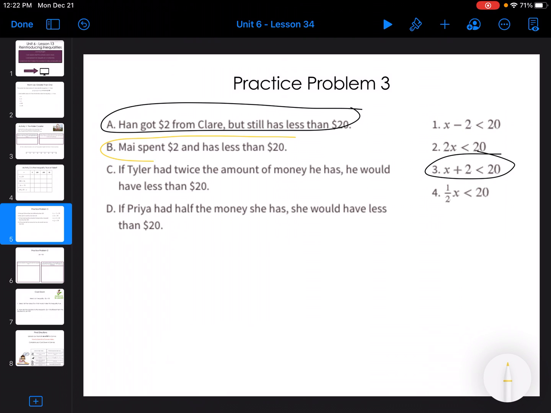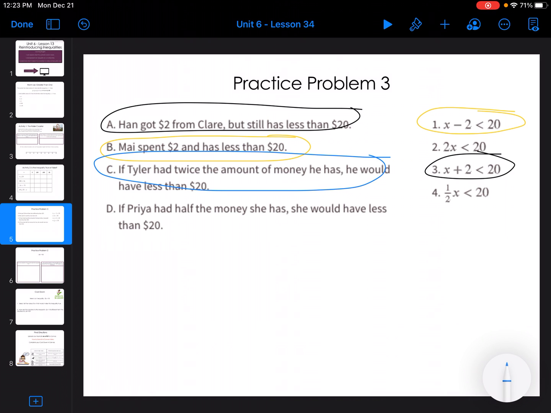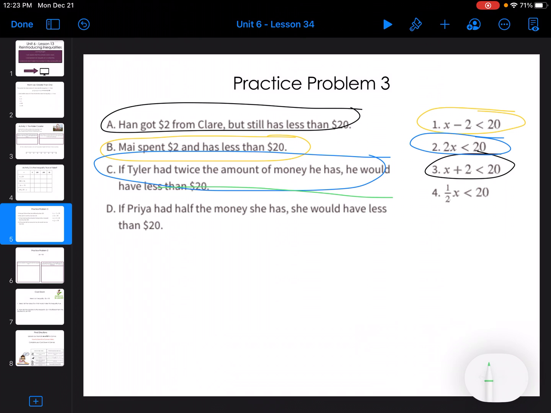So she spent it, so that's subtracting. If Tyler had twice the amount of money he has, he would still have less than $20. So if he had twice the money, twice means 2 times. If Priya had half the money she has, she would have less than 20. Half.